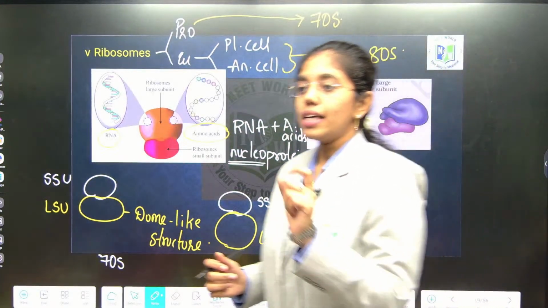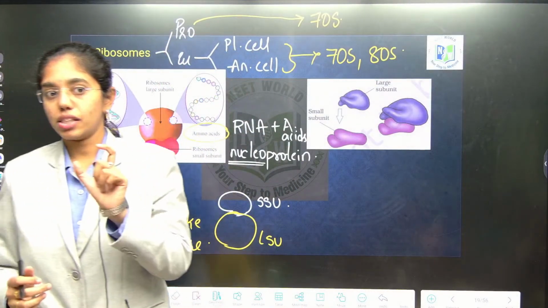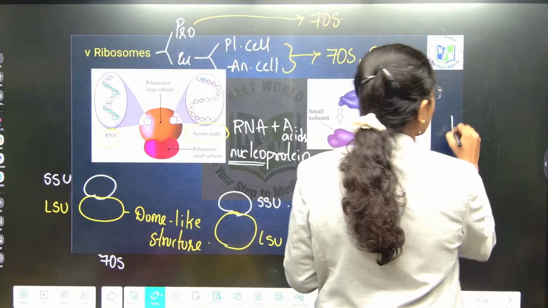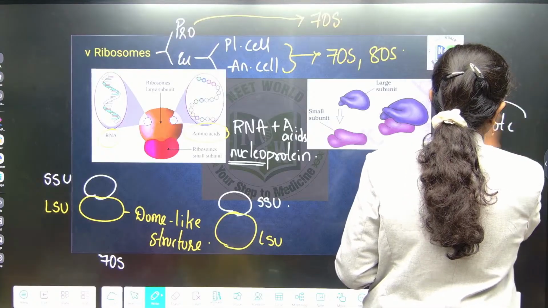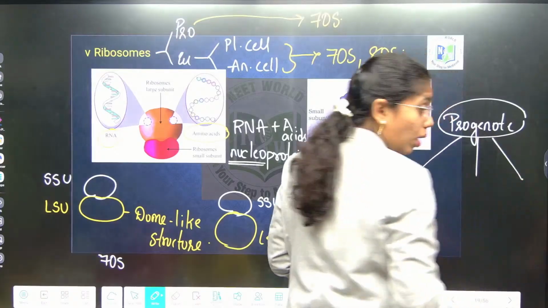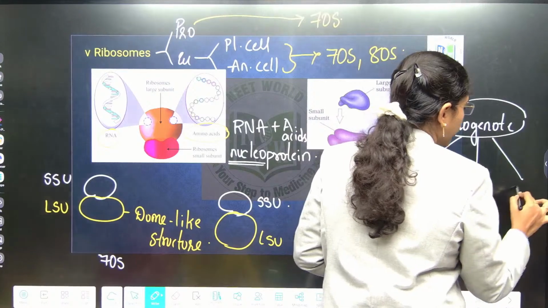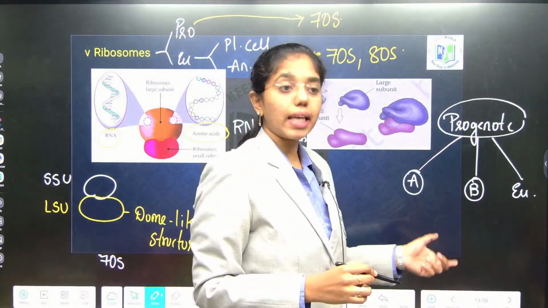There he said that there is one common ancestor for all the organisms, known as progenote. From the common ancestor itself, we have 3 domains. What are the 3 domains? Archaea, bacteria, eukarya.